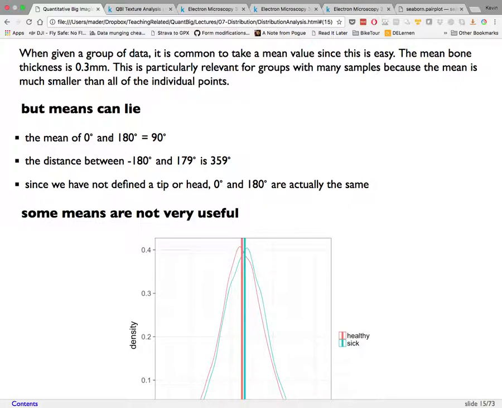That doesn't represent the average angle because you actually have nothing pointing that direction. And the distance between minus 180 and 179 being 359 isn't really true because you have one pointing down this way and one pointing down this way. They're 1 degree apart, not 359 degrees apart.